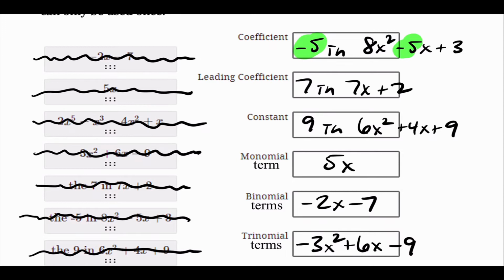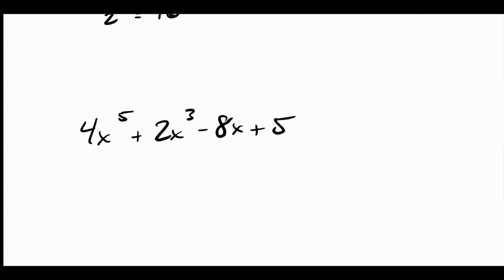This guy here, the 7, that has the most power. 2 doesn't have any powers. 2 has 0 powers. X has at least 1 power. So if the number in front is the one with the most power, then it's a leading coefficient. Like over here.